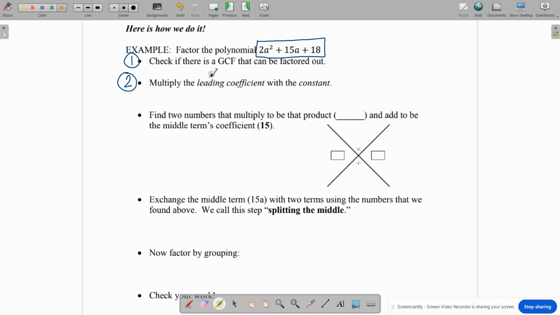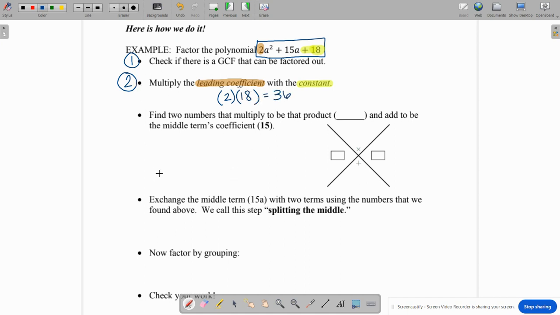So the leading coefficient is always going to be the number being multiplied by the variable with the highest degree. So in this case, 2 is the leading coefficient. The constant is the number that doesn't have a variable with it, so positive 18. So if we were to multiply 2 times 18, we're going to get 36.